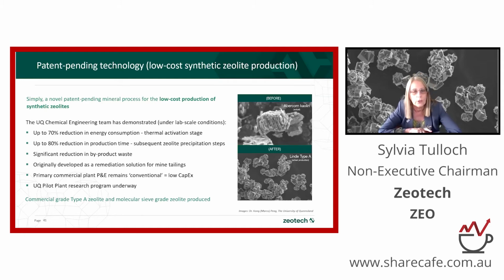And what UQ have done is they've started from scratch, and they've started from kaolin clays and other residue materials that have got aluminosilicates in them, and developed a process that's reduced energy consumption, about an 80% reduction in production time, significantly less byproduct waste, and yet all while using fairly conventional commercial plant.